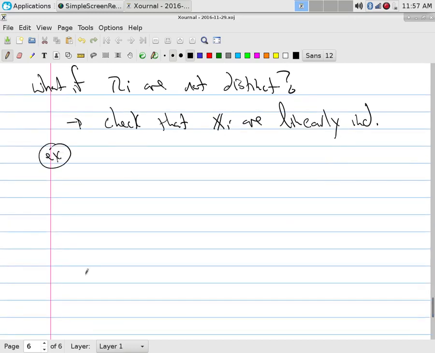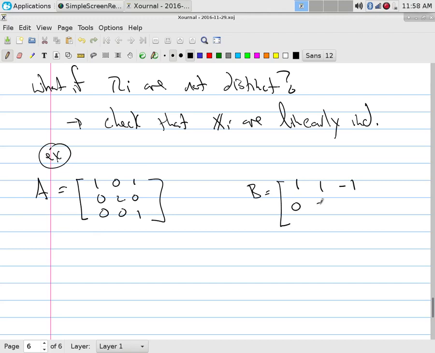So an example of something like that. Let's say I'm going to do two matrices side by side. A is equal to 1, 0, 1, and 0, 2, 0, and 0, 0, 1. And let's say B is equal to 1, 1, minus 1, 0, 2, minus 1, and 0, 0, 1.